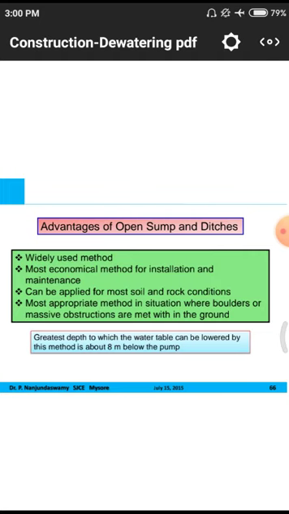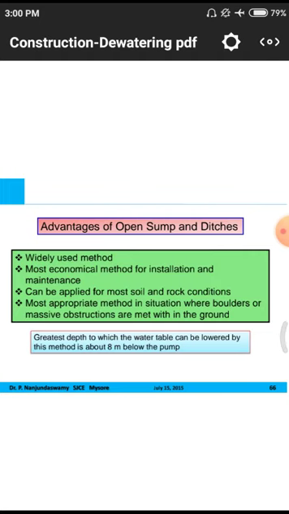That means most of the soils will have to face this problem, so that this is employed for most of the soils. Most appropriate method in situations where boulders and massive obstructions are met with in the ground. That means below the ground level itself we are having some quantity of rock strata.